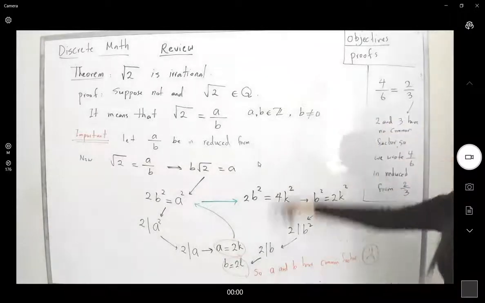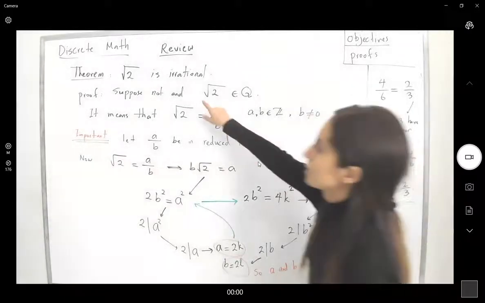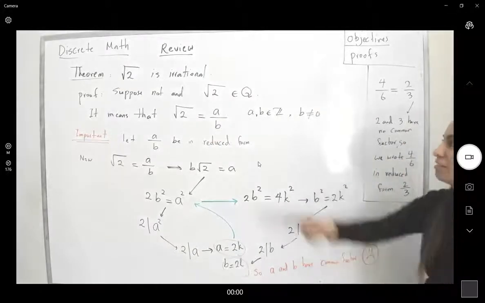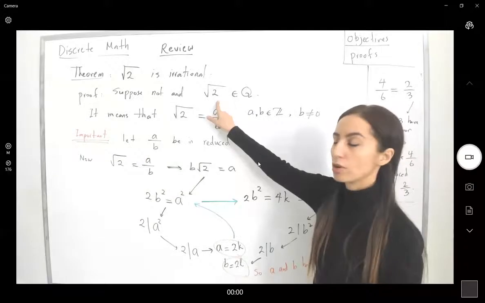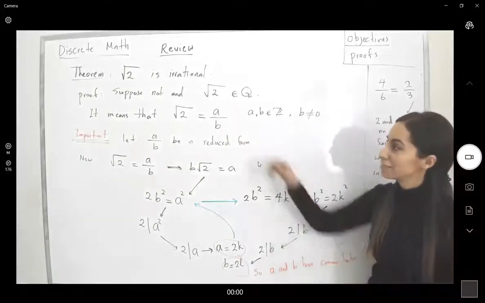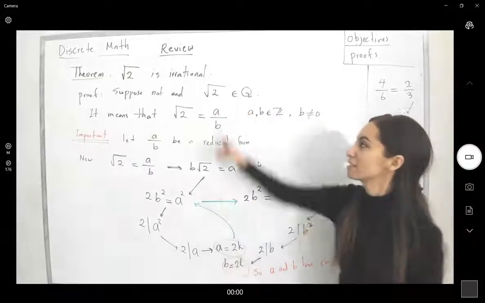So what's the meaning of that? It means that we cannot assume square root of 2 is a fraction. We cannot assume square root of 2 belongs to rational numbers. It means that square root of 2 is irrational.